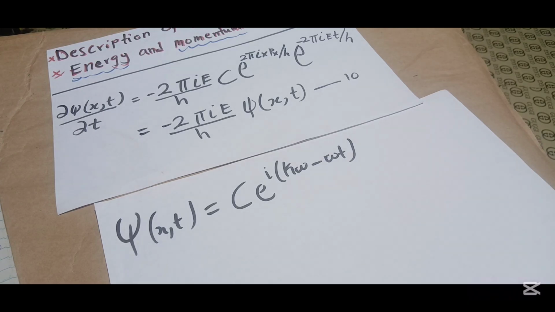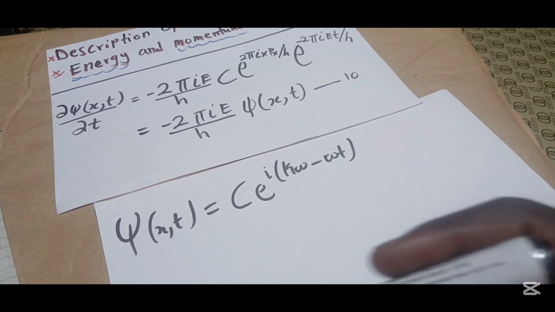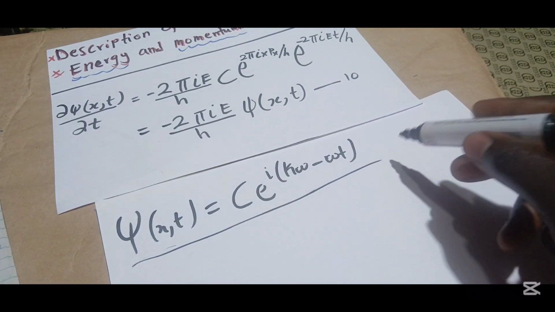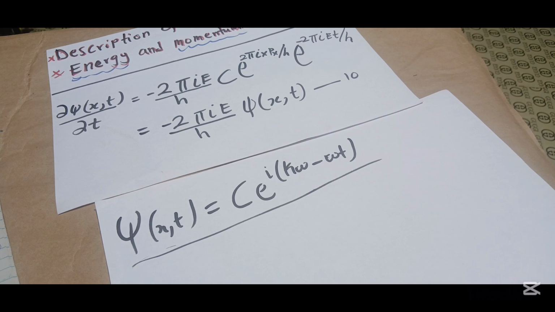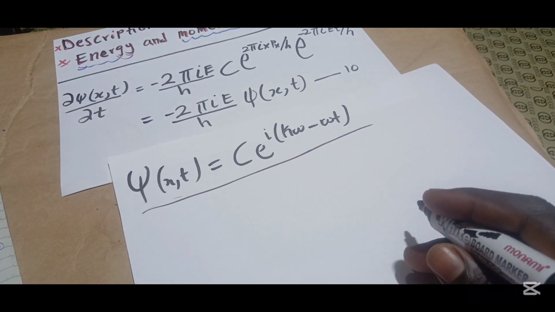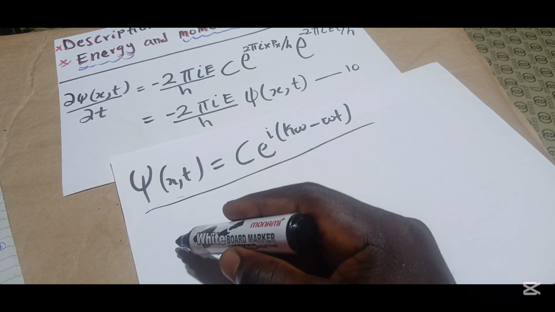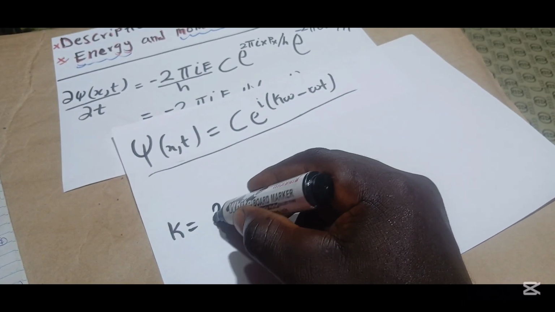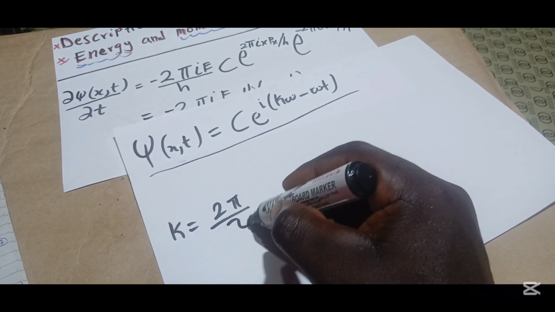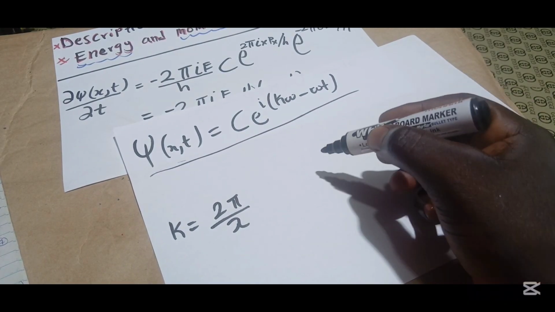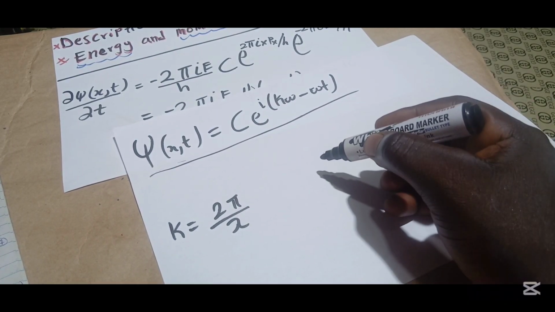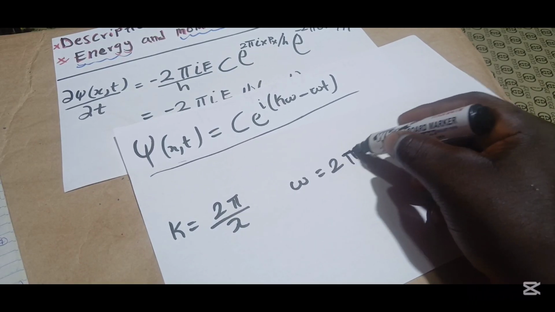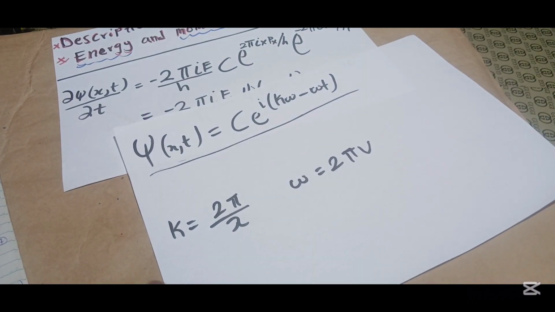This is the equation that describes a traveling wave, where k is the wave number, equal to 2π over lambda, and we also have the angular frequency omega, equal to 2π times the frequency.